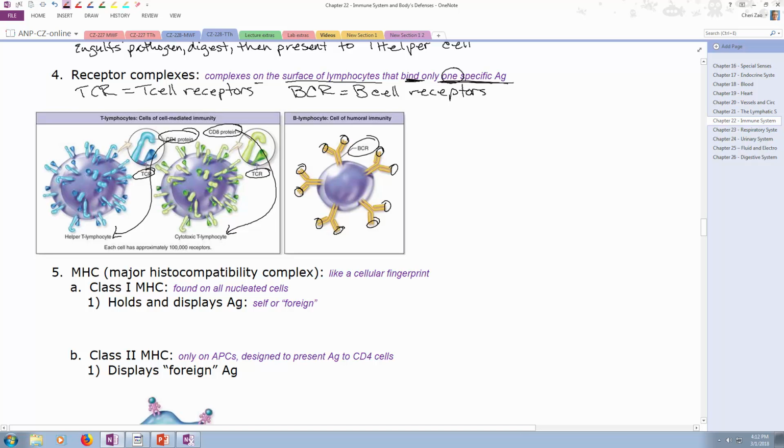So that's the binding site. The binding site on the B lymphocyte was the ends of the Y, the two arms of the Y, but the binding sites for the antigen are these little cones on these two T cells. They look the same because it's the same type of antigen that's going to bind to them, but what these cells do after the binding is very, very different.